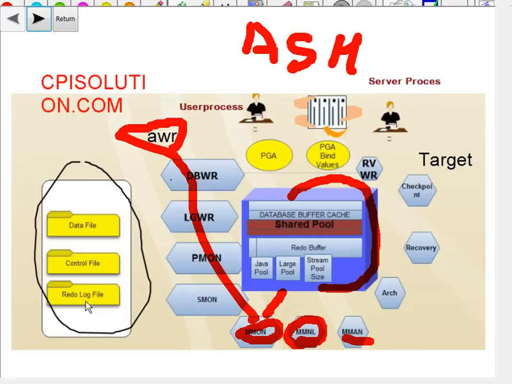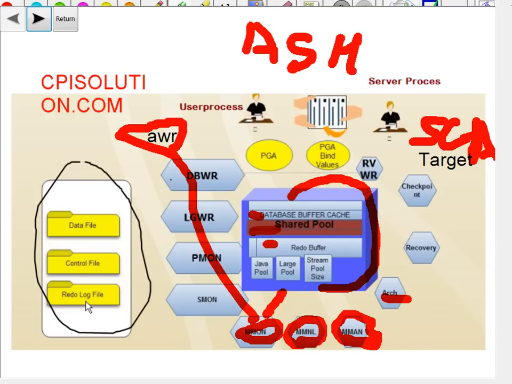You know, in 10G we have SGA underscore target. So when you set this parameter, the buffer cache, the shared pool and redo buffer is automatically managed by the Oracle database, and for this MMAN is the process to do that.